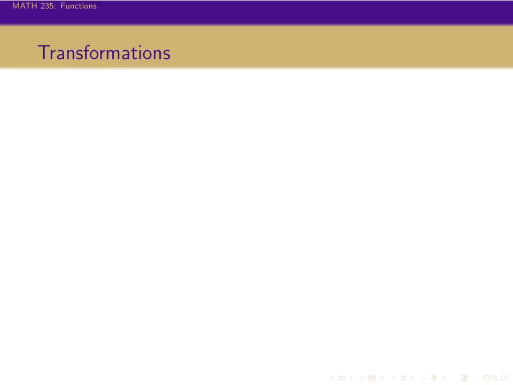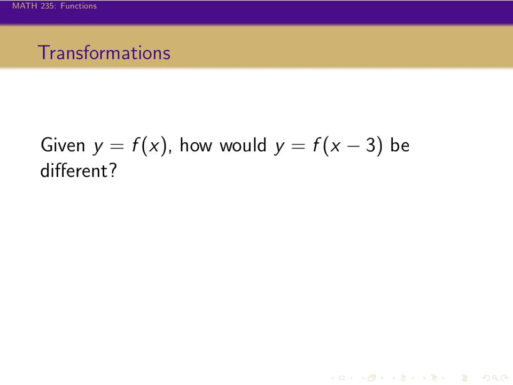Okay, so now let's talk about some transformations of functions. So let's assume that we have some function, we know its graph, y equals f of x. Given this function, how would the graph of y equals f of x minus 3 be different? If you notice, what we're changing is what we're plugging into the function.